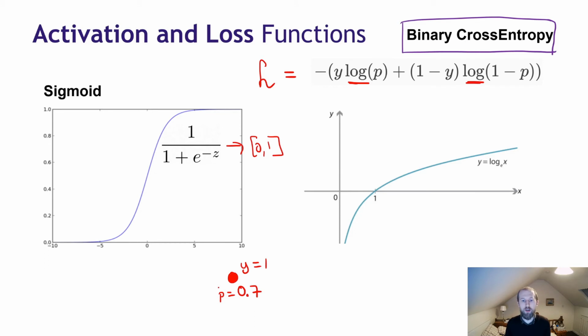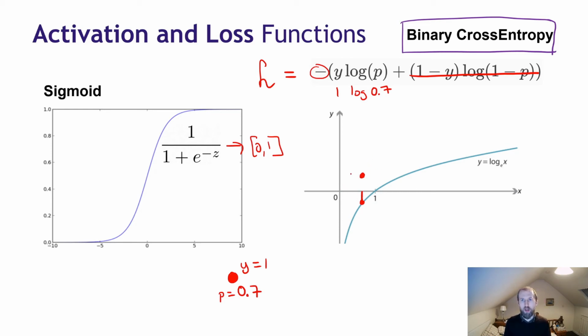But the probability that the network sees is going to be this 0.7. So in this case, because y is equal to 1, 1 minus y is going to be 0. So this whole part of the equation gets cancelled out. And we just have 1 times log of 0.7. So that's going to be here. And remember, we have this minus sign, so it's actually going to be here. Okay?